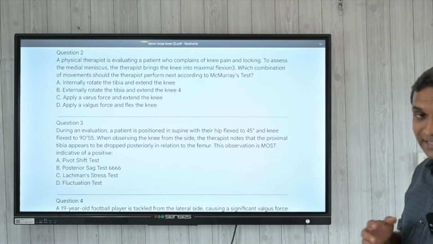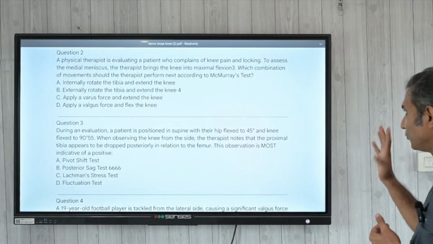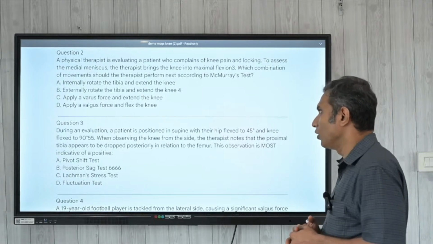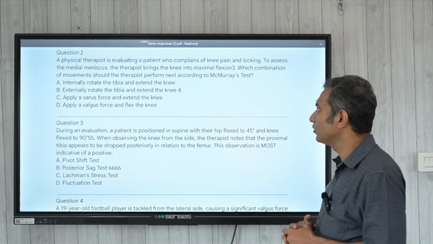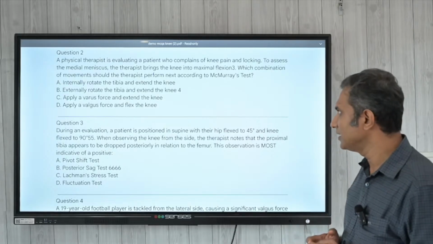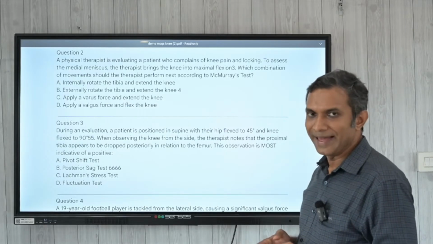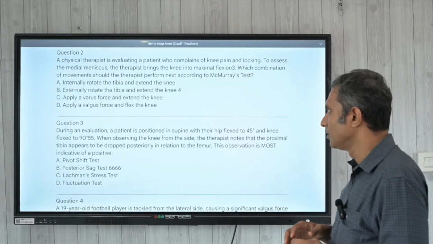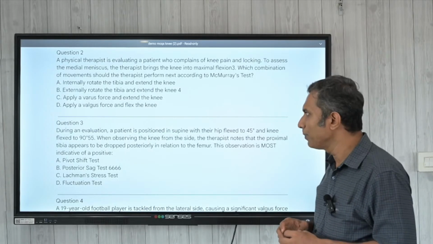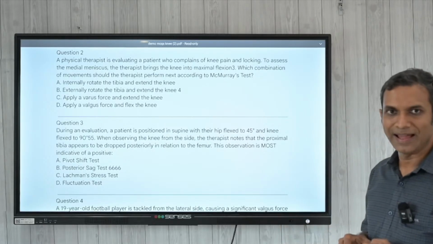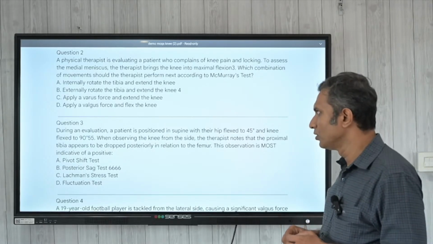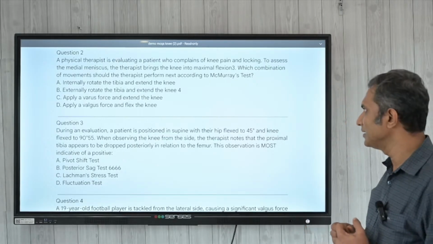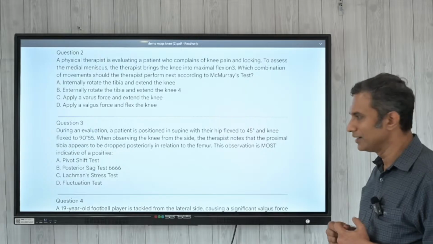Option A, internally rotate the tibia and extend the knee. Option B, externally rotate the tibia and extend the knee. Option C, apply a varus force and extend the knee. Option D, apply a valgus force and flex the knee.